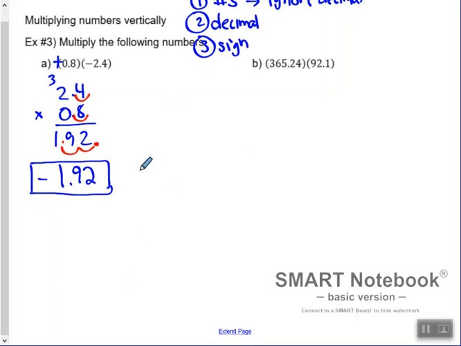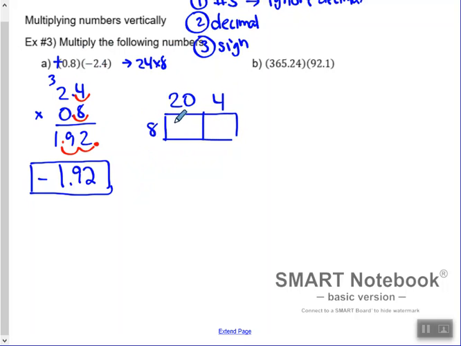Right. Now, since we just ignore the decimal here, we can also do this using our area method. So I can take this as like 24 times 8. So 24 is 20 and 4, times 8. If you don't like looking at decimal numbers, you can just kind of ignore them.